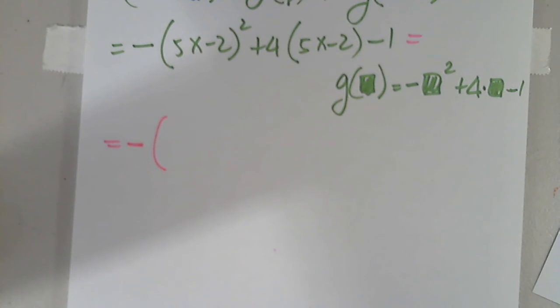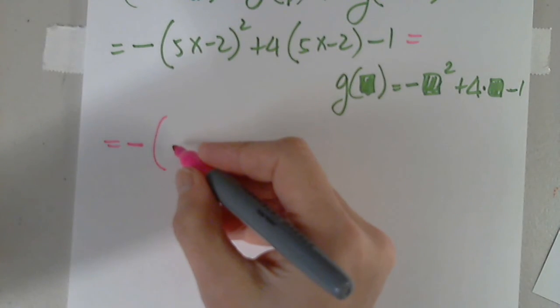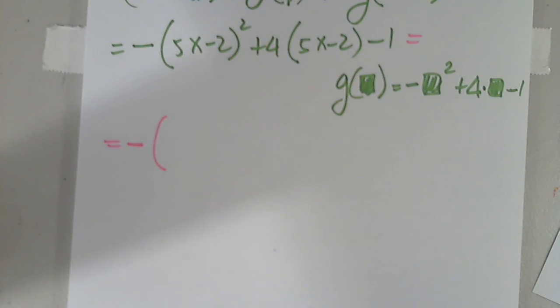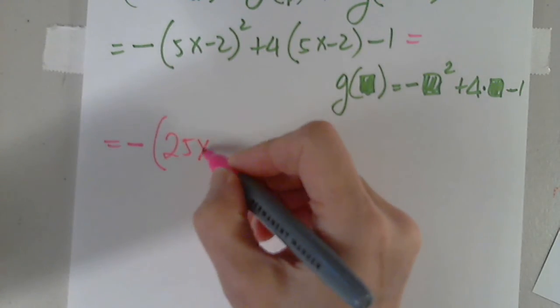And I need how many terms? 3. Thank you so much. Can anyone give us those 3 terms, or at least one, the first one? 25x squared. Very good, thank you very much.